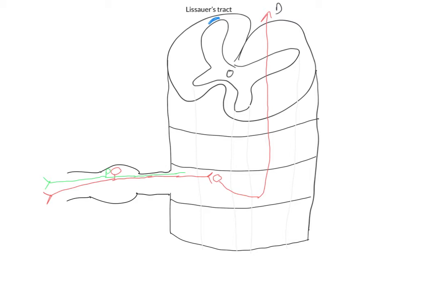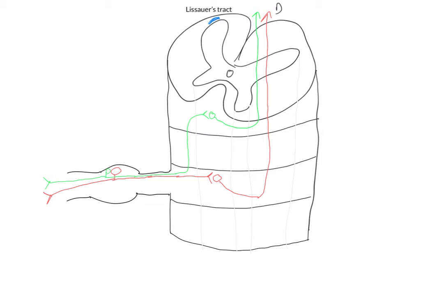Okay, so if we watch this green one, it's within Lissauer's tract and it ascends one segment and then two segments before entering the dorsal horn itself. And once it enters the dorsal horn, it then synapses upon its corresponding second order sensory neuron, which then goes on to join the spinothalamic tract.